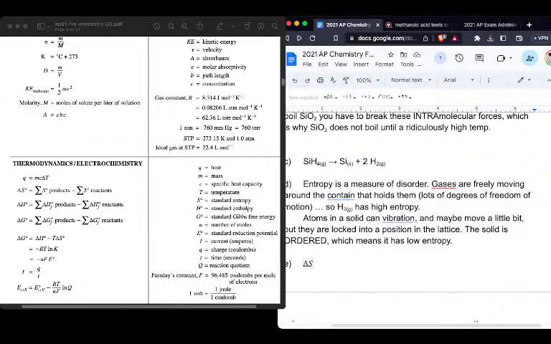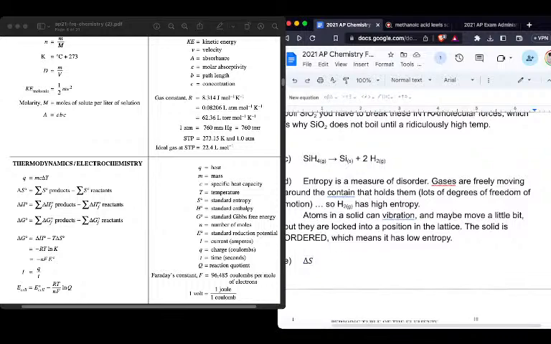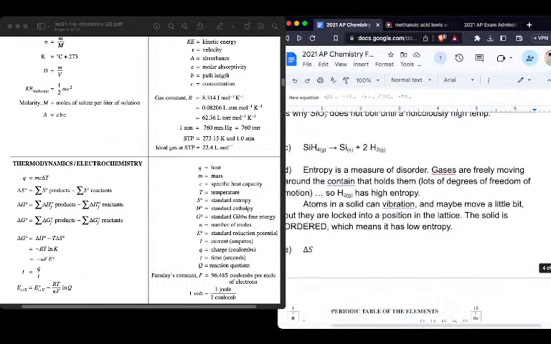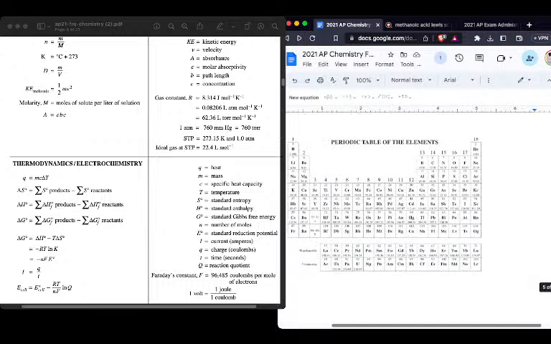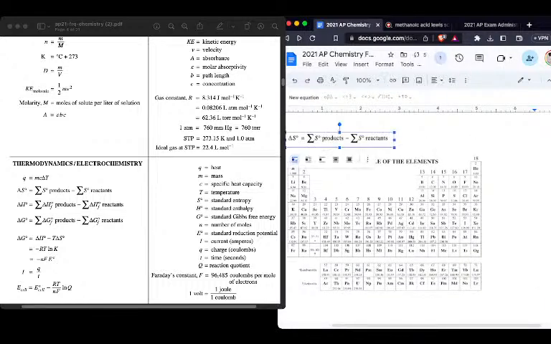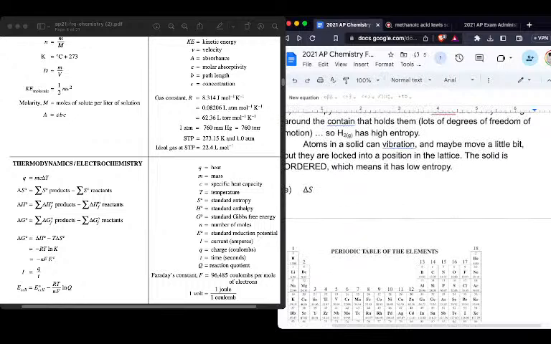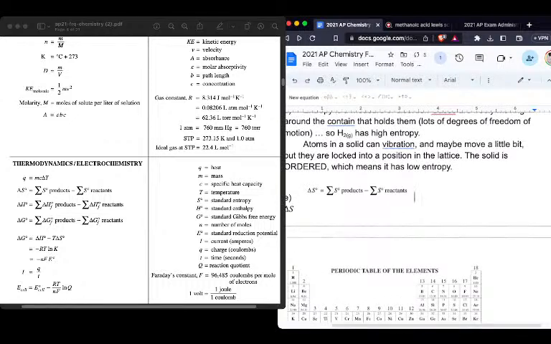I don't feel like typing that, so I'm just going to copy and paste it into my document here. Come on, computer, there you go. The delta S is products minus reactants.